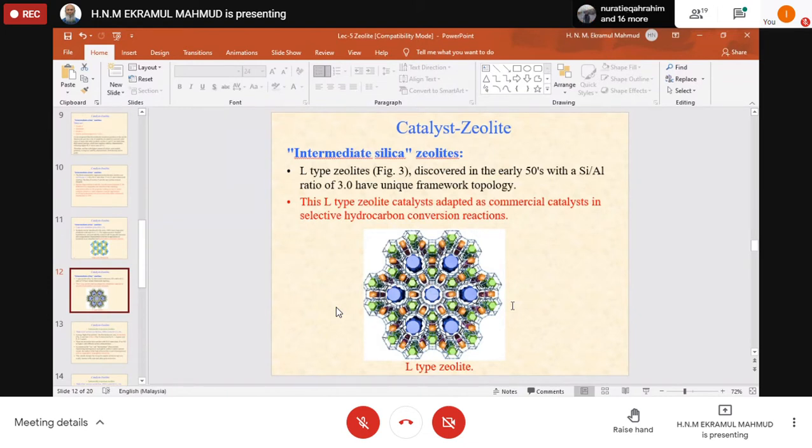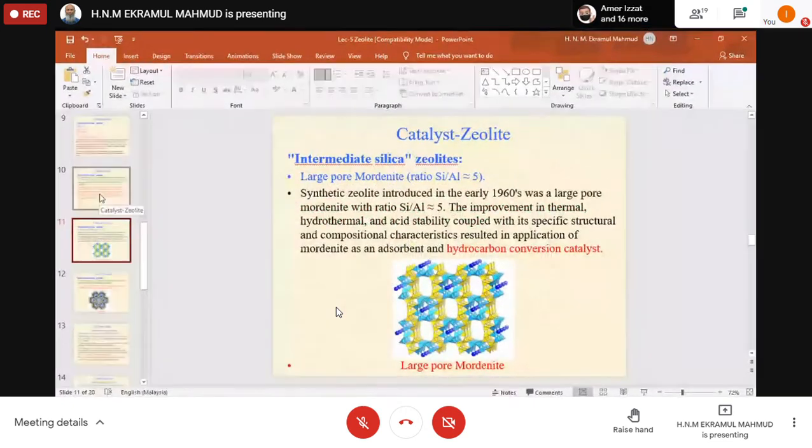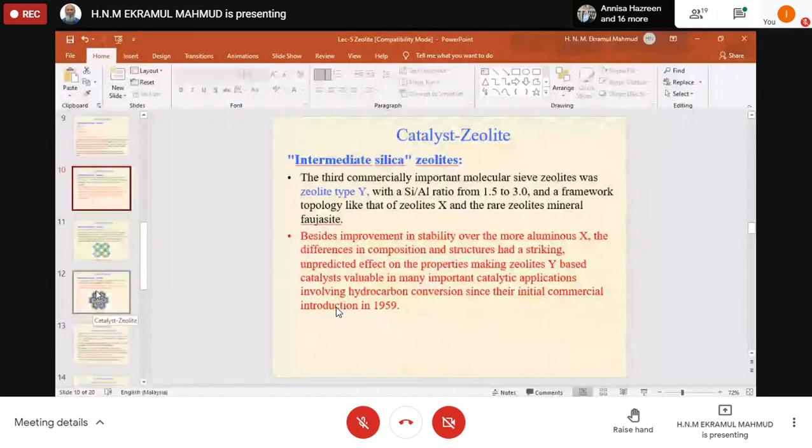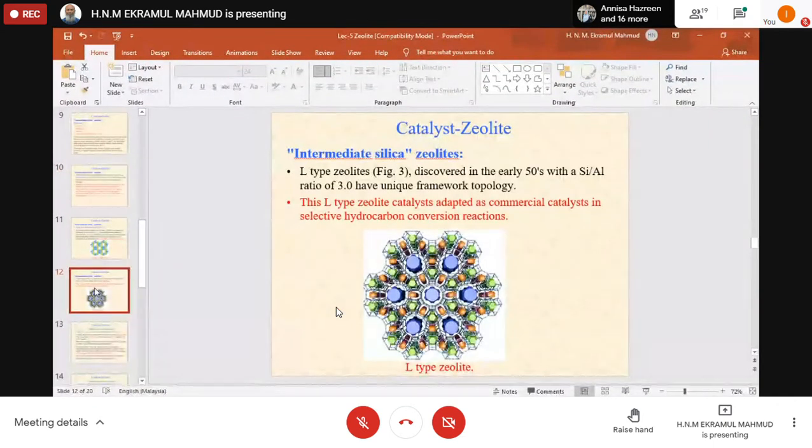So we have to see which one can be used. Okay, this one can be used, this one also can be used, this mordenite, this one zeolite Y, all these in fact can be. So in your industry, what type of zeolite they are using, you ask them and see what type of products you are getting from that. And if you study the reaction mechanism, you can understand whether it's overcracked due to these acidic sites.